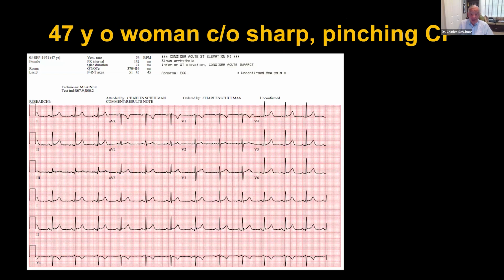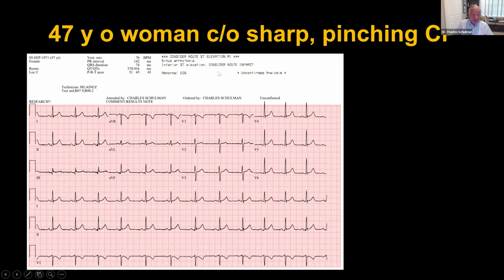Here is the ECG of a young 47-year-old, right? Remember, to me, everybody is young. A woman who complained to one of the nurse practitioners in our clinic of a sharp pinching chest pain. But the EKG, the computer said, consider acute ST elevation MI.